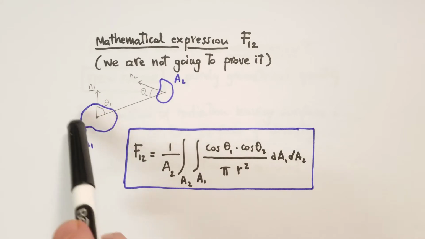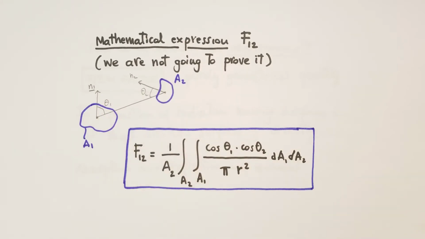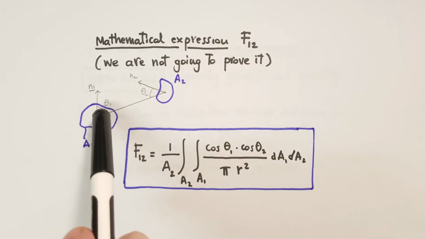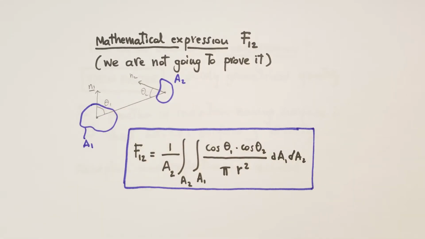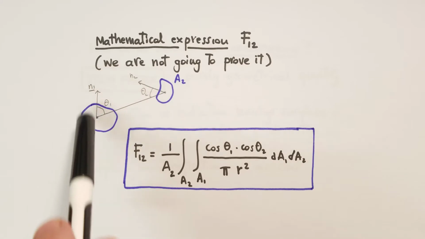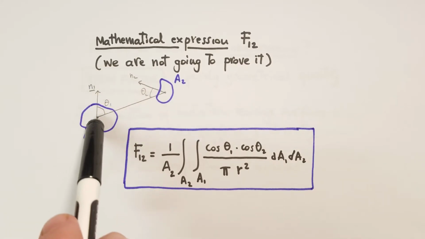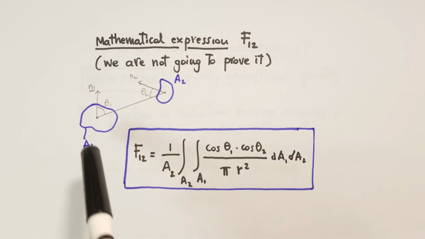A1 is indicated here, A2, and then we have to define an angle θ1, and θ1 is the angle between the unit vector that defines the surface, so perpendicular to surface 1, and the direction from the point that we're interested in on surface 1 to the point that we are interested in on surface 2.